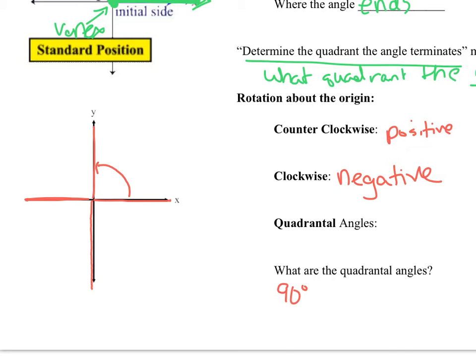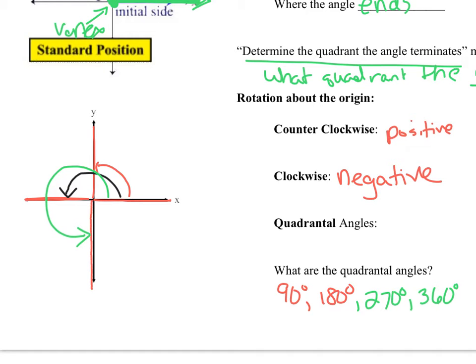Going all the way over, that's 180 degrees, another quadrantal angle. And then all the way around to there, that's 270. And then all the way to 360, that's another quadrantal angle.